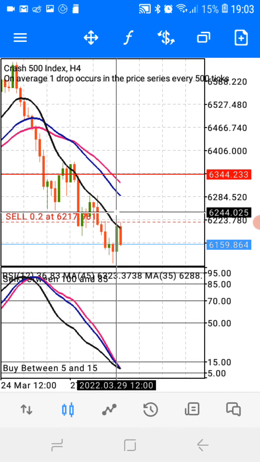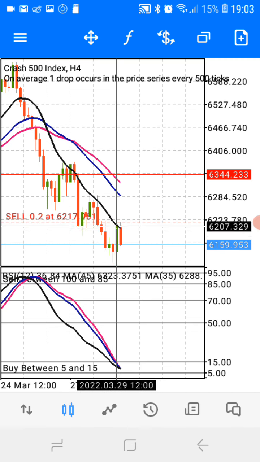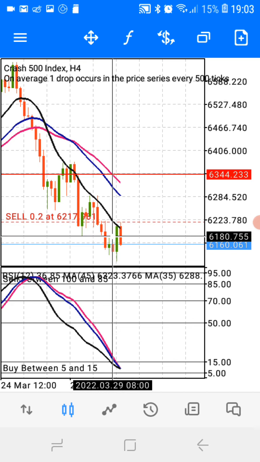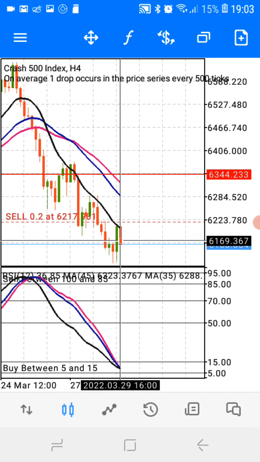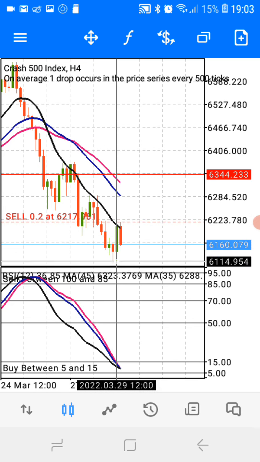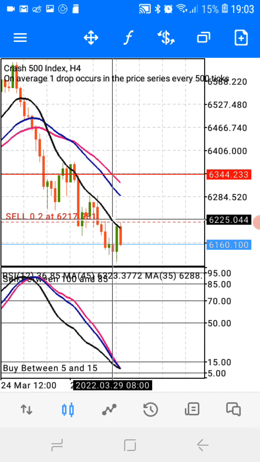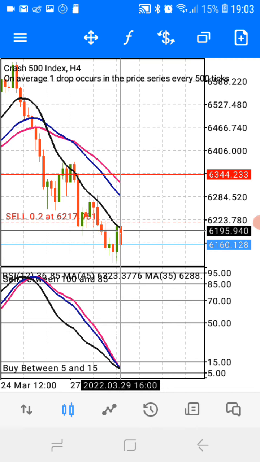Can you see this bullish candle on H4? When it hit my moving average, the black one, the next candle started falling. So my black moving average acted as a resistance there.